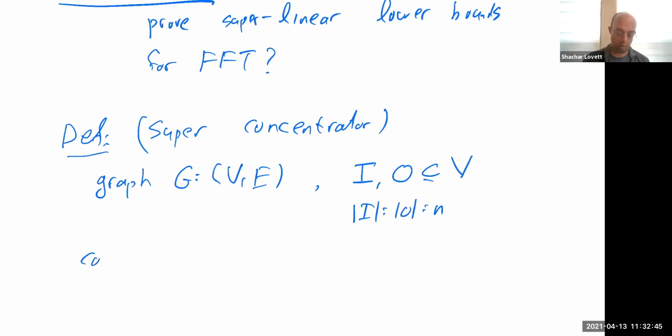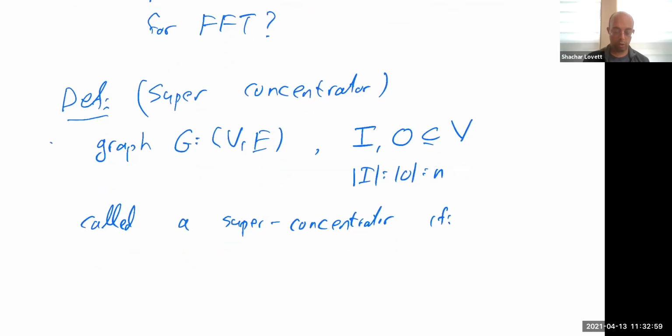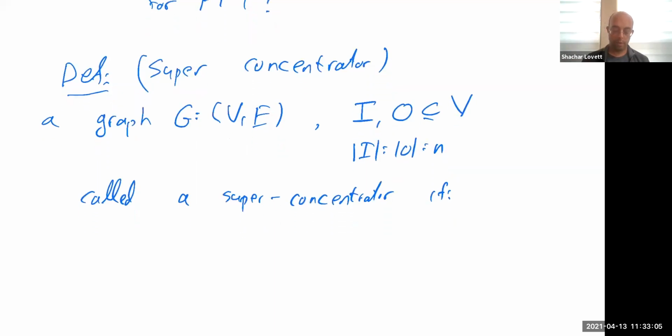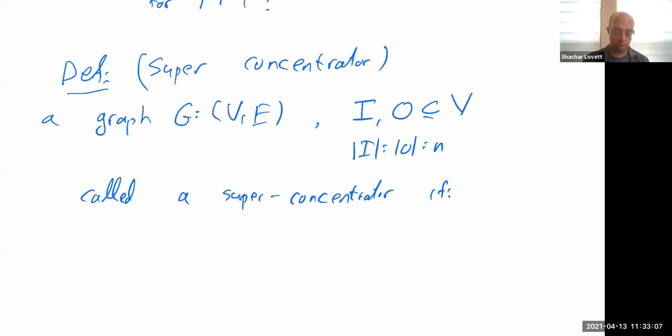So this is called a super concentrator if it satisfies the following condition. It's a graph G, and we also identify I and O as two sets of n nodes in it.